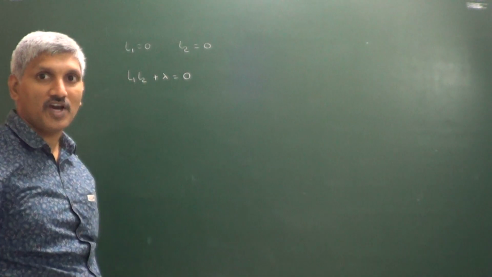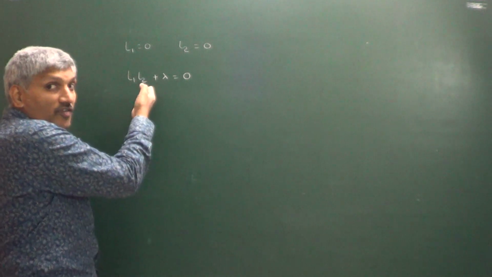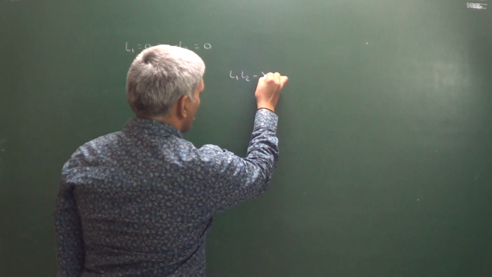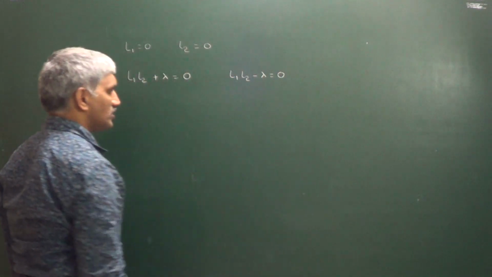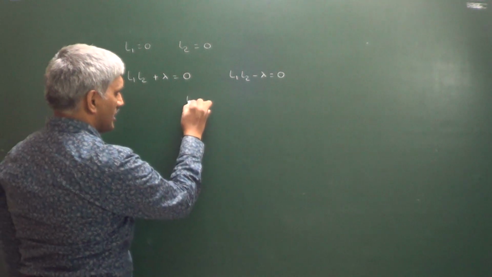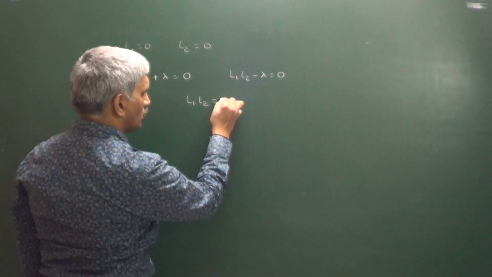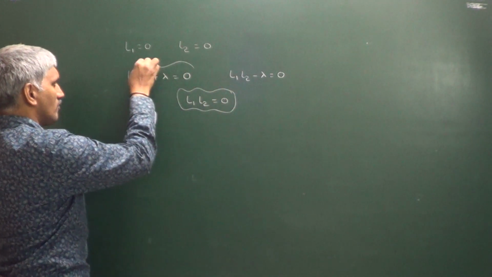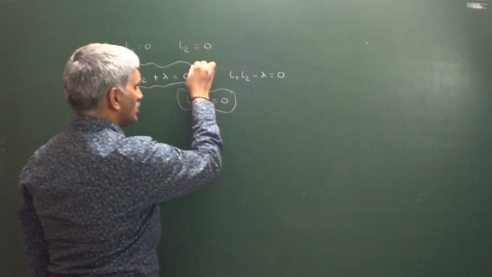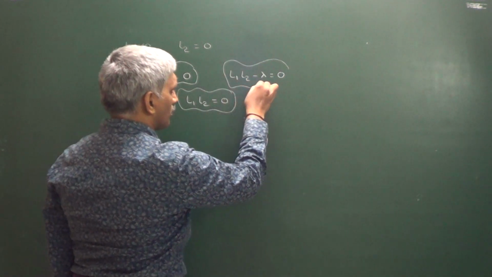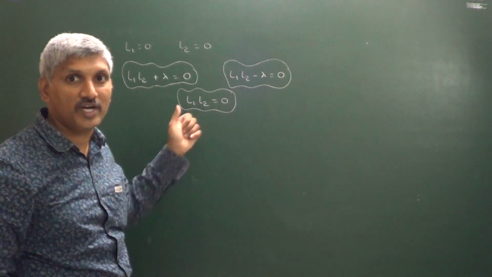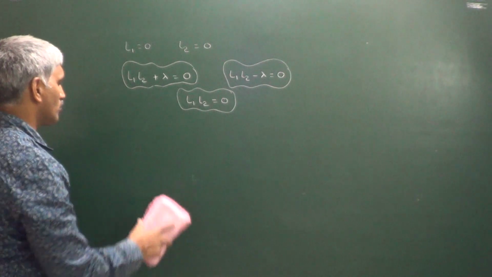If this is the equation of hyperbola, then the equation of conjugate hyperbola is given by L1 L2 minus lambda is equal to 0, because L1 into L2 is equal to 0 is the equation of asymptotes, and this is the equation of hyperbola. Then this is the equation of conjugate hyperbola. The reason is, hyperbola plus conjugate hyperbola, we have to get the asymptotes, right? So that is about the discussion regarding asymptotes of a hyperbola.